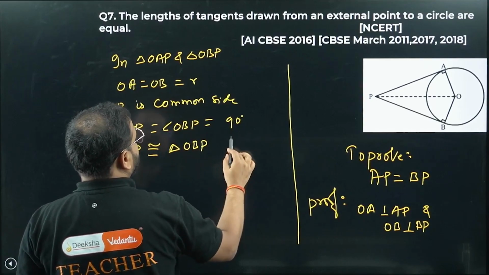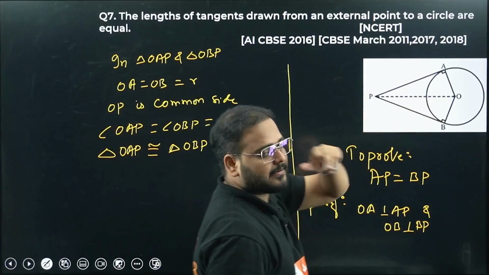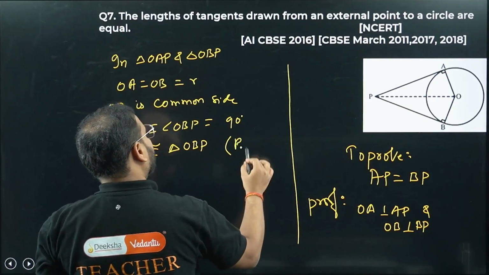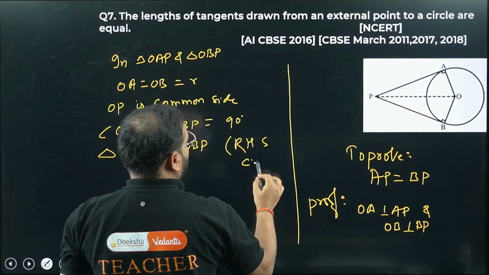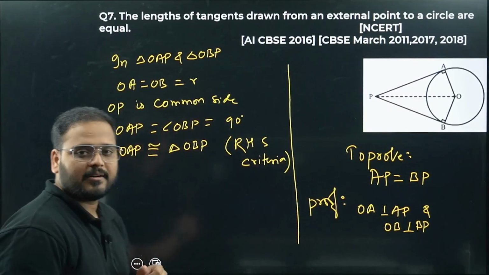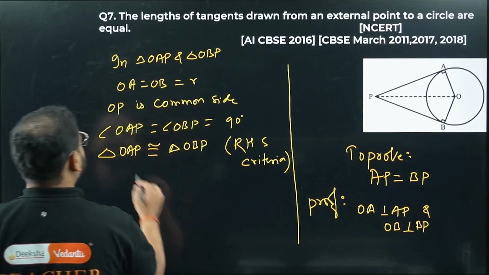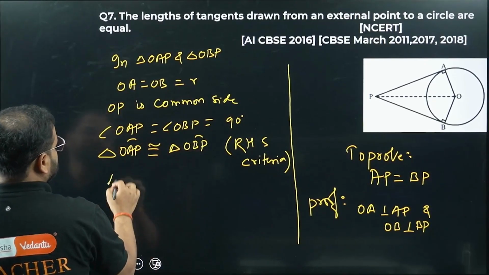Reason? Right angle, common hypotenuse and a side, so RHS congruency criteria. Simple. Now what can we say from here? We can say that AP equals BP. How come? CPCT.